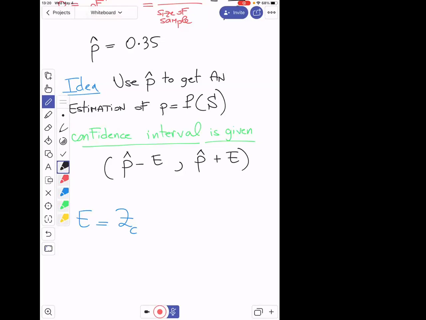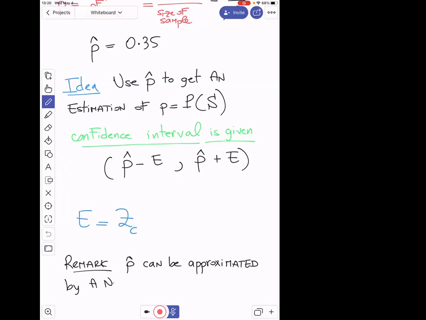So this p hat can be approximated by a normal distribution, like what we did in section 7.6. Now for this normal distribution, it's a sigma.